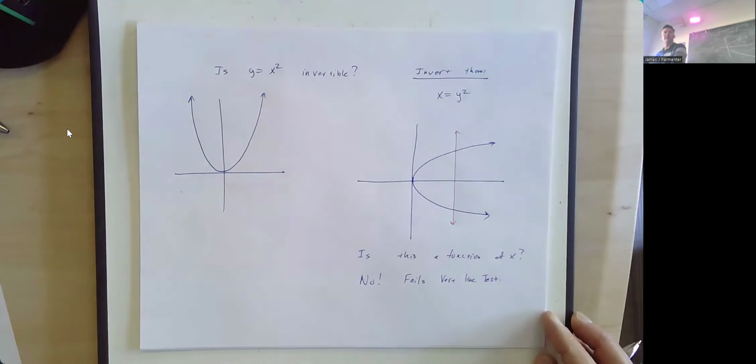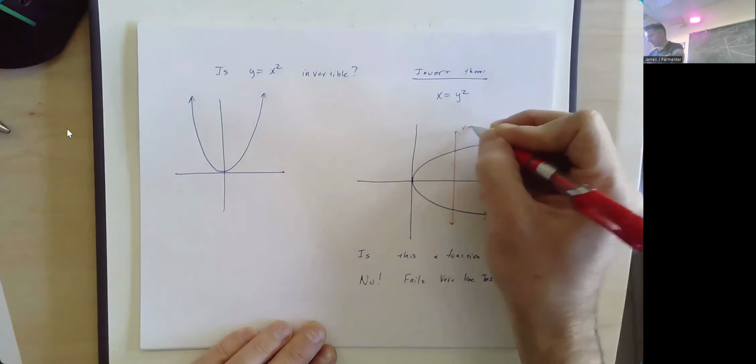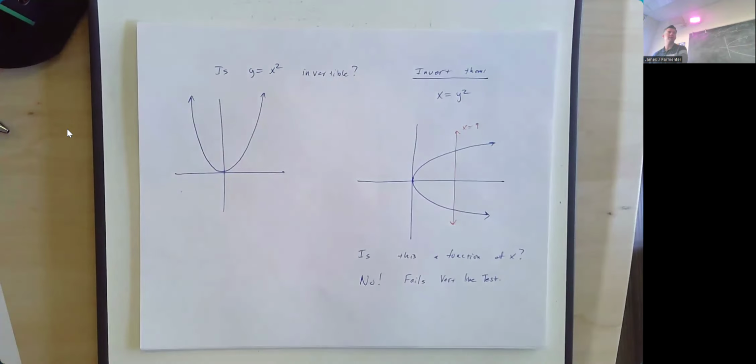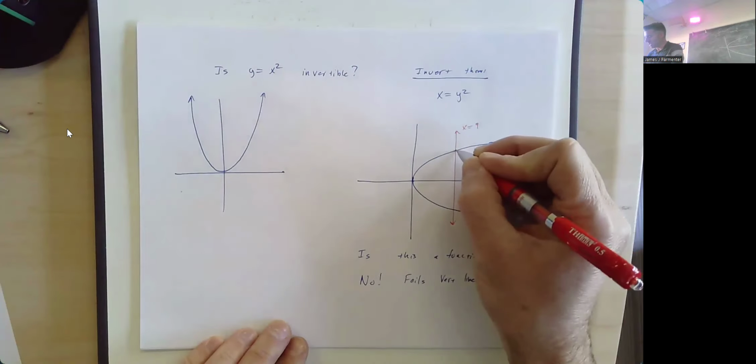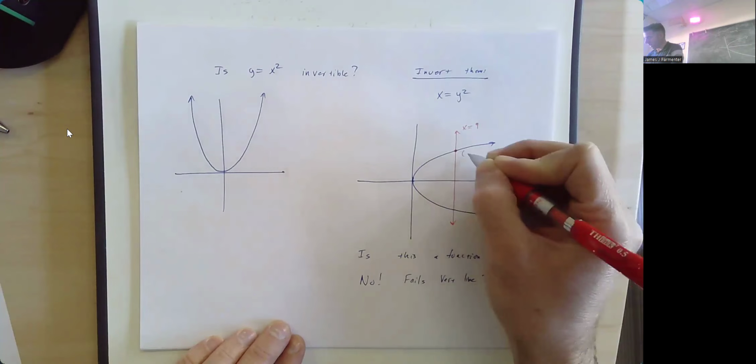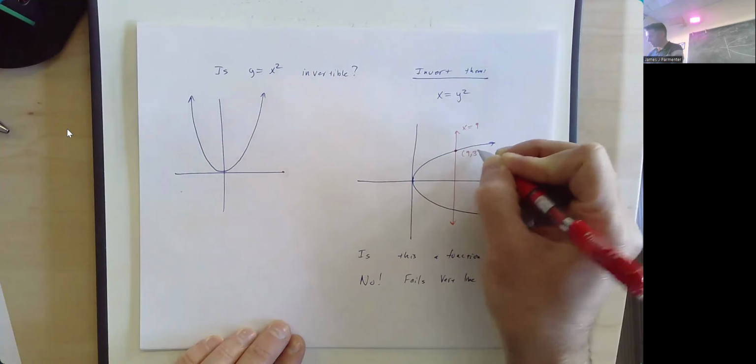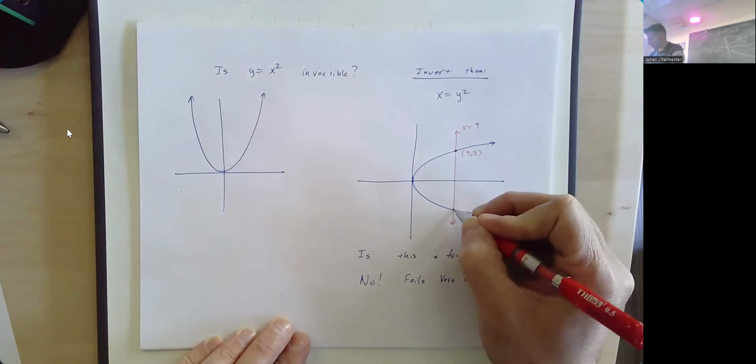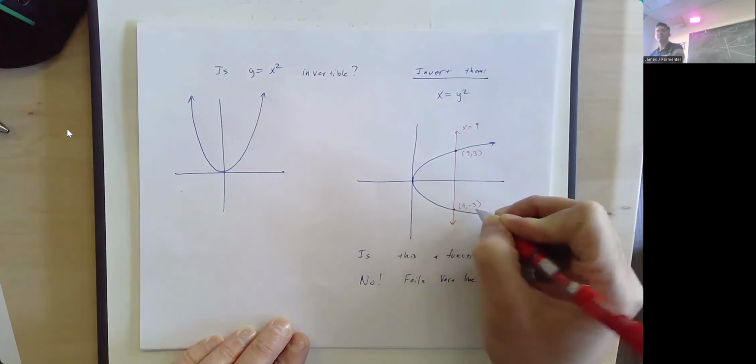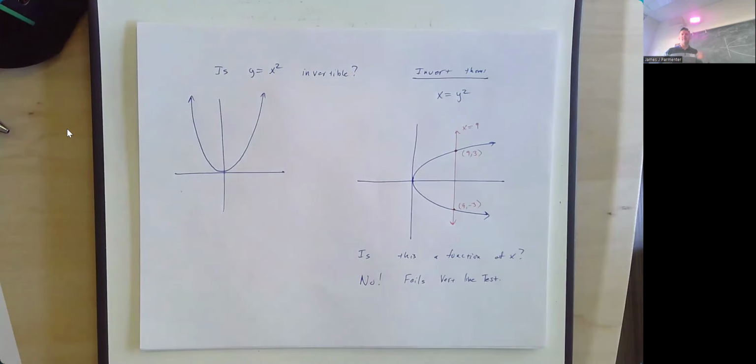One x input, like x equal to, let's pick a nice number like 9, gives you two distinct or more y outputs. Y could be 3, y could be -3. That is the very definition of failing to be a function. Because to be a function, each distinct input should get assigned one and only one output.